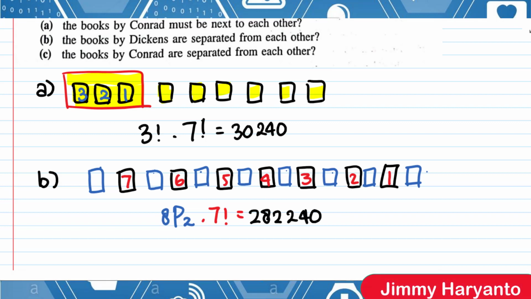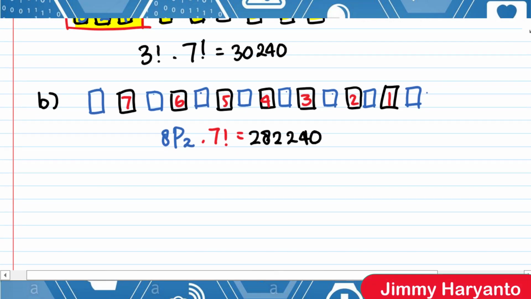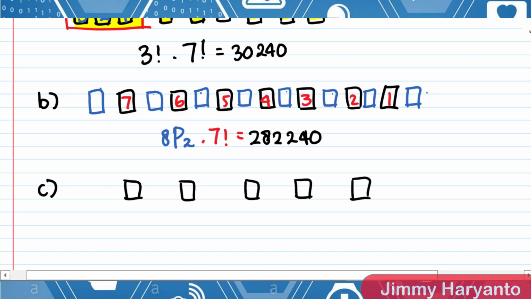Next is the last one. The books by Conrad are separated from each other. It's the same. So Conrad is 3. That means we have 6 books as the separator, 1, 2, 3, 4, 5, 6, Shakespeare and Dickens. 6, 5, 4, 3, 2, 1.